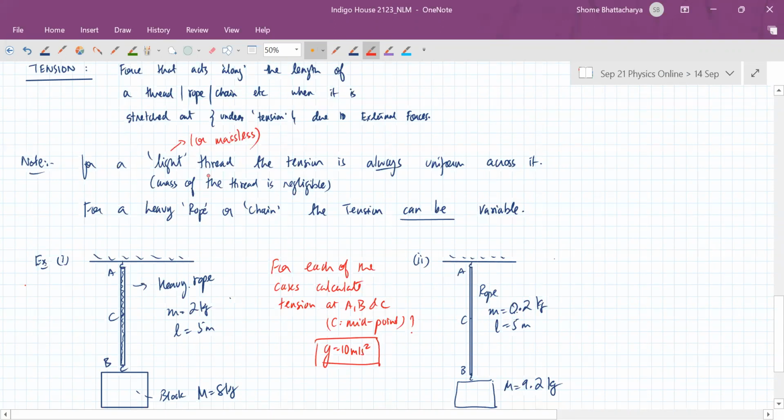But if the mass is so small that we can neglect it, like, let's say we had a situation where the block is in kgs, but the mass of the string attached to it is only a few grams or few milligrams even. Then compared to the weight of the block, the weight of the rope is going to be negligible. So we can say that effectively it is massless. That is what we mean by the term massless thread or massless rope, etc.